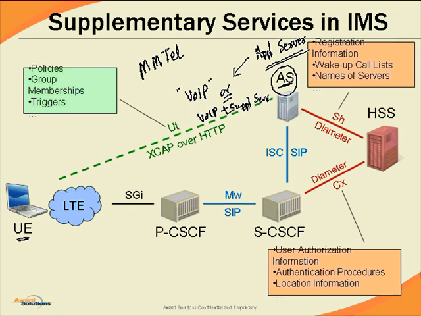Let's say we want to use some kind of presence service, like Yahoo or Skype. So then what we can do is we can do the registration with that service, and then whoever is online would be shown as part of the buddy list, right? Our friends are all shown online if they are there.